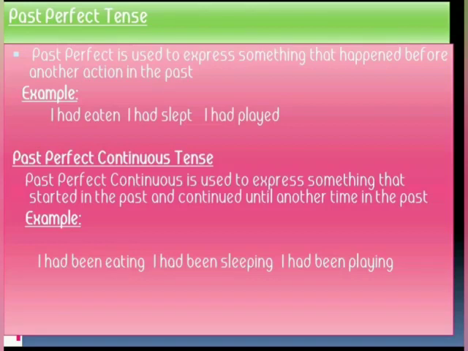Past perfect continuous is used to express something that started in the past and continued until another time in the past. For example, I had been eating. I had been sleeping. I had been playing.